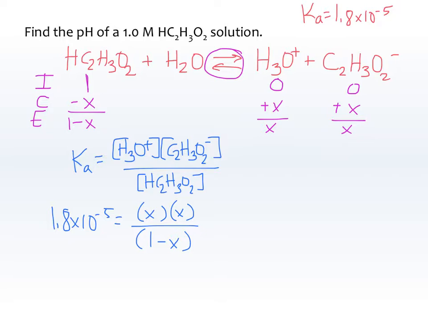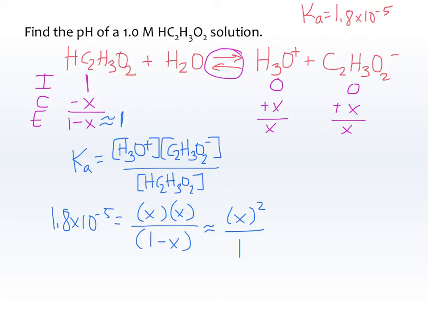We can say that since the X is going to be pretty small, because the acetic acid doesn't ionize very well because it's weak, 1 minus X is approximately equal to 1. So that this becomes approximately equal to X squared over 1 instead of 1 minus X. That's going to make the math a whole lot simpler. I'll tell you in a minute how we're going to decide whether or not the X is negligible, but for now we're just going to treat X as if it doesn't matter, as if it's small enough.